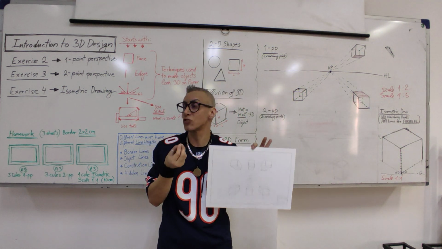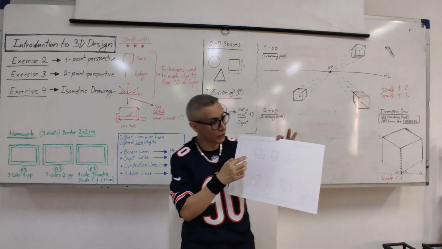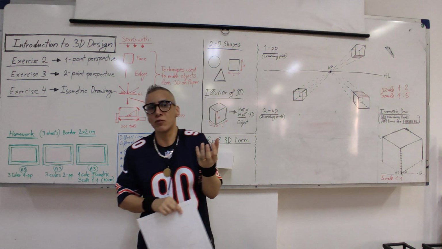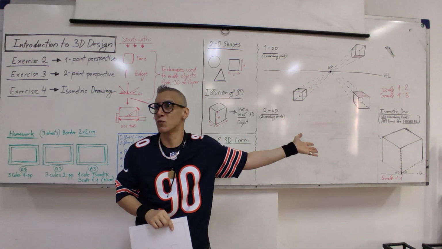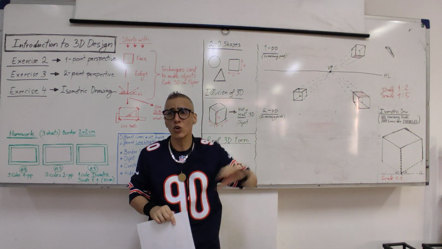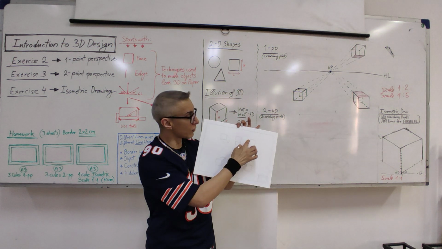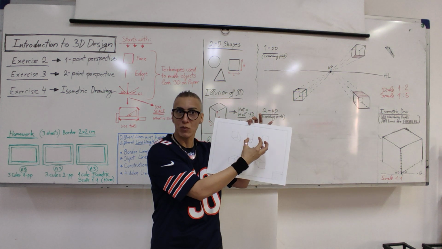If you make the construction lines very heavy, imagine in the future when you have, let's say, 100 cubes to do, and all these lines on the paper, it will look so ugly. So we need to see the object. This is number 1.